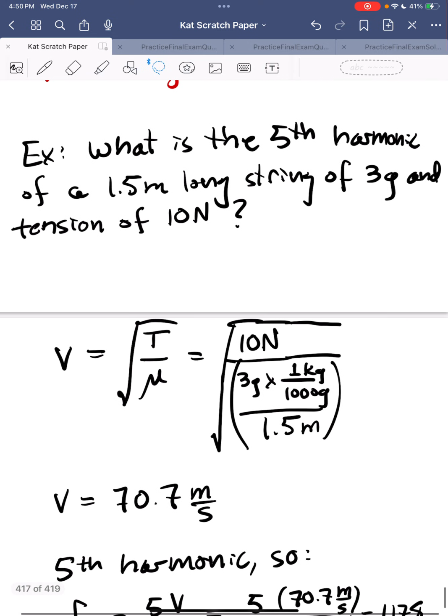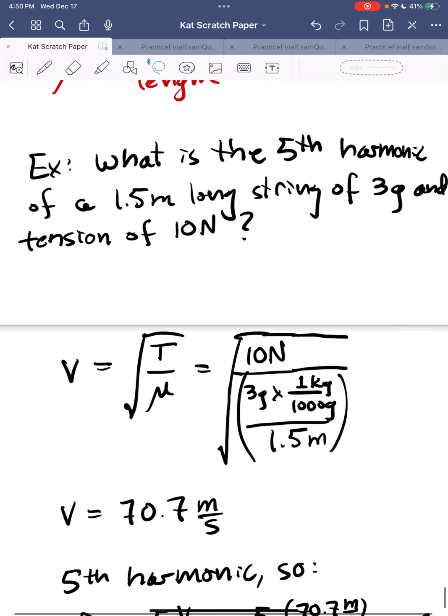First we're going to get the velocity of the string. Its tension is 10 newtons, its mass is 3 grams, and its length is 1.5 meters. But remember, grams is not an MKS unit: meters, kilograms, seconds. All of our units work out well if we have them in meters, kilograms, and seconds. So I have to convert 3 grams to kilograms.